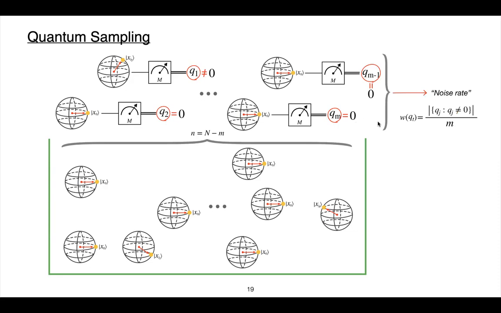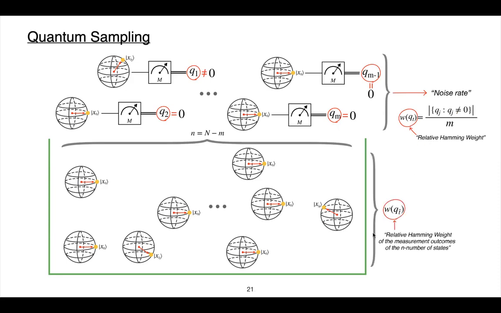By counting the number of outcomes that are not 0 and dividing by the number of small samples, m, we can compute the noise rate of the small quantum population. We call this w(Q_T) the relative Hamming weight that tells the noise rate.